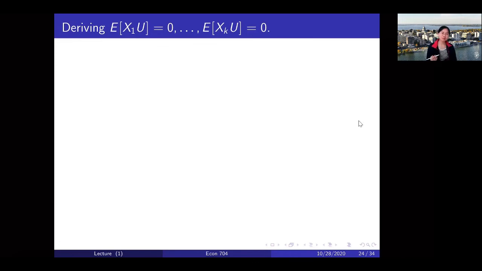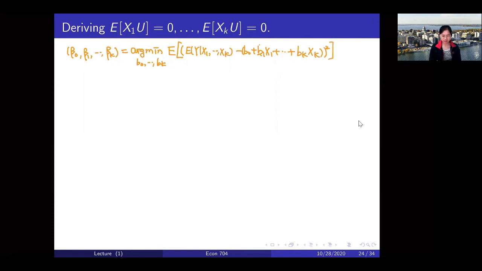We're going to start with the definition of projection. By definition, these beta parameters in the projection model are the solution to this minimization problem, where we minimize the expectation of the squared difference between the conditional mean of y and this linear function.